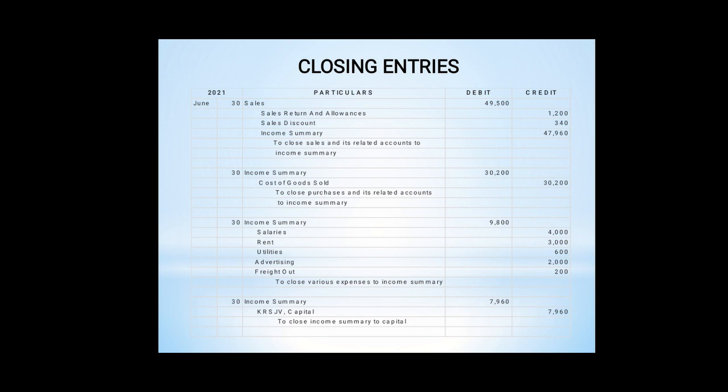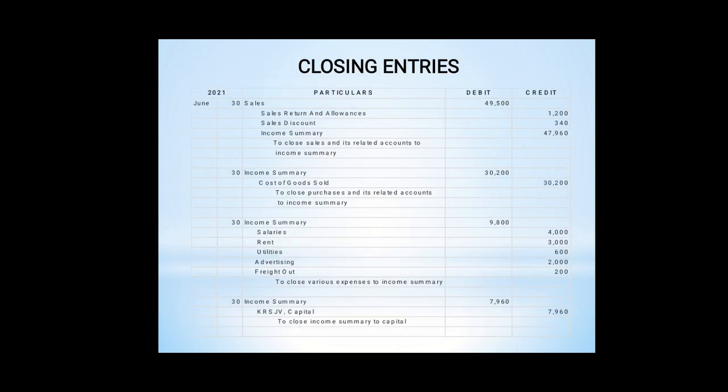In closing entries, all income accounts are debited and all expense accounts are credited. The resulting balance is recorded in a clearing account called the income summary. And the balance of income summary is closed to the owner's equity or owner's capital account.